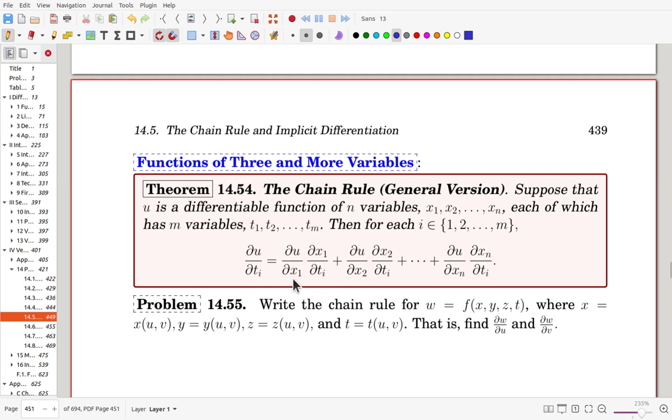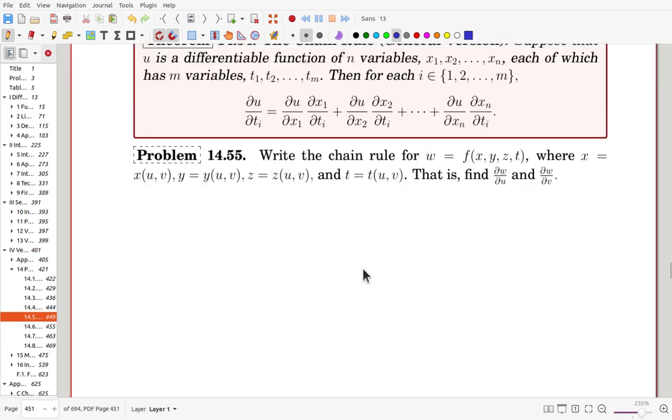That is the product rule, and so we can get such a formula.